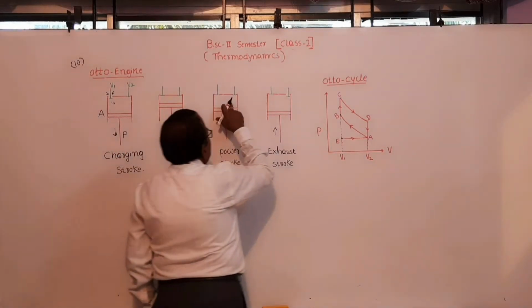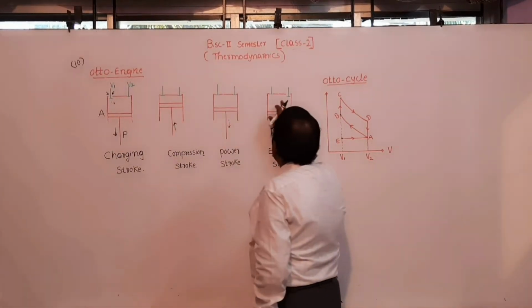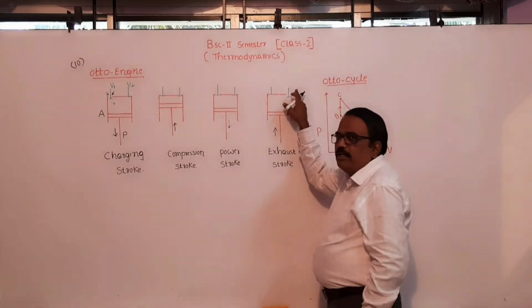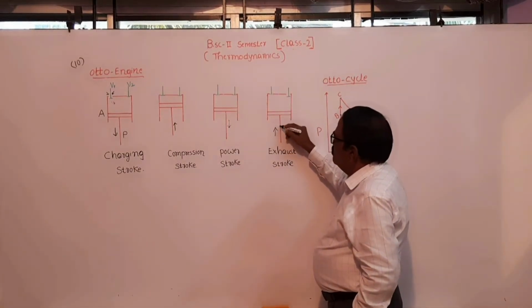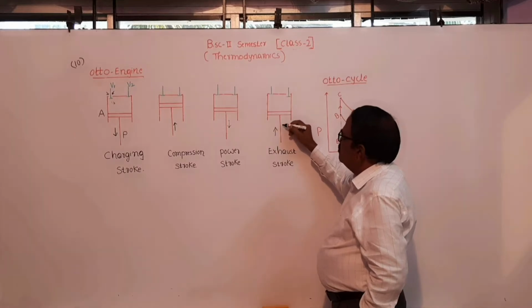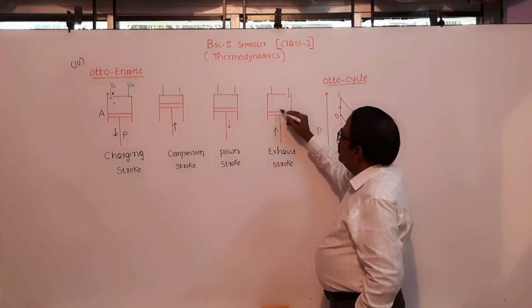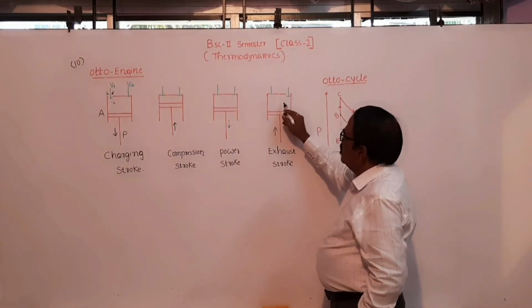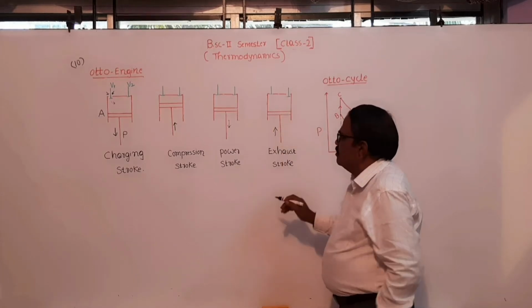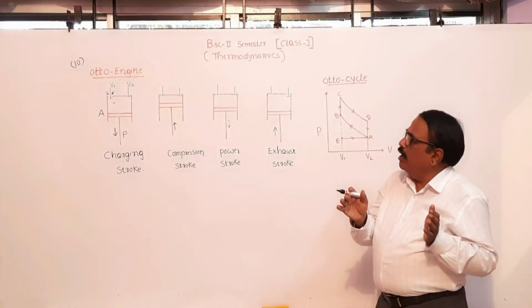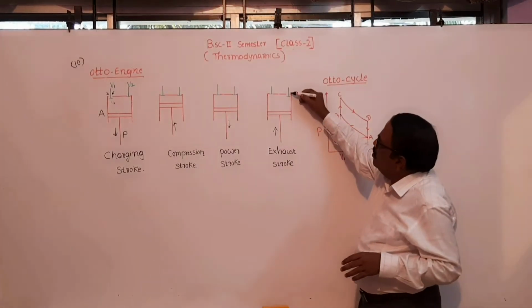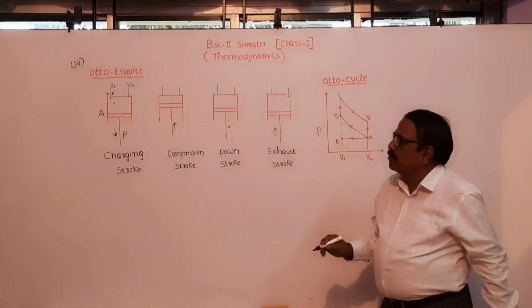At the end of this stage, this outlet valve V2 is opened, and once again the piston moves backward. Then all this residue, meaning burnt petrol vapor and atmospheric air, escapes through this.